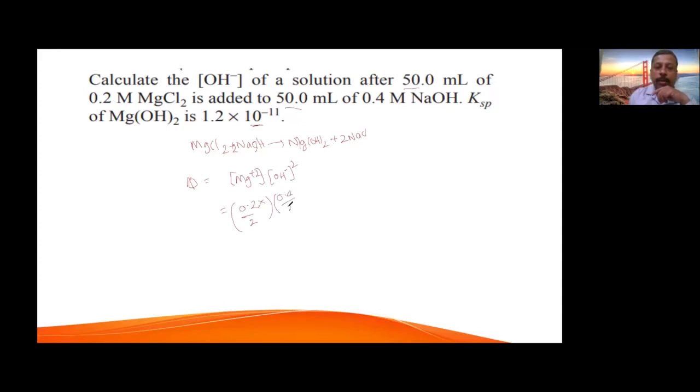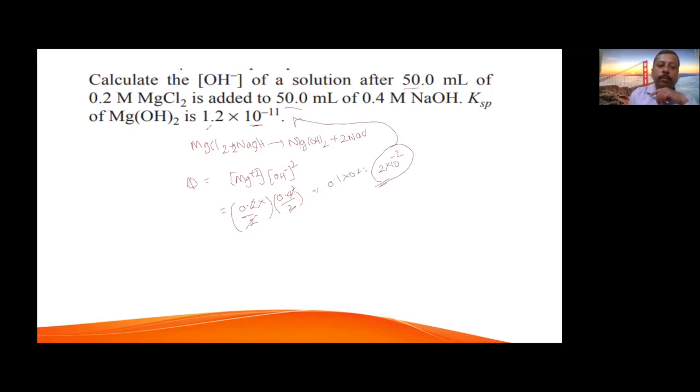So this and this will get cancelled. This will be 0.2. So 0.1 into 0.2, that is 2 into 10 to the power of minus 2.